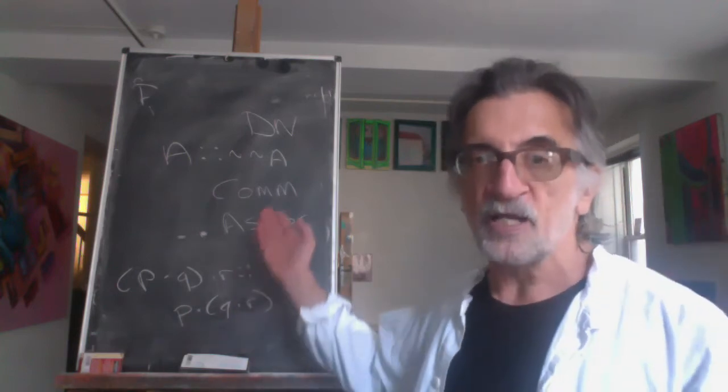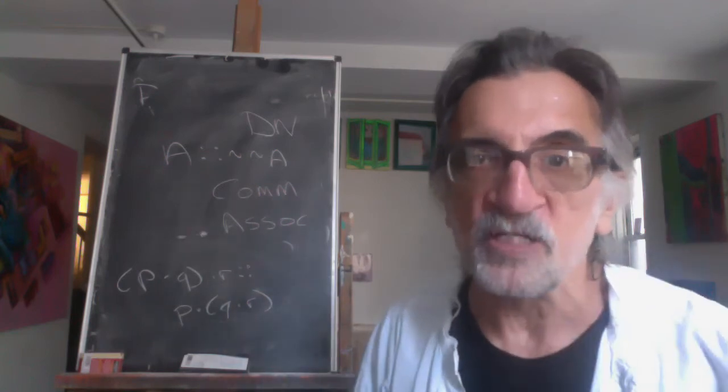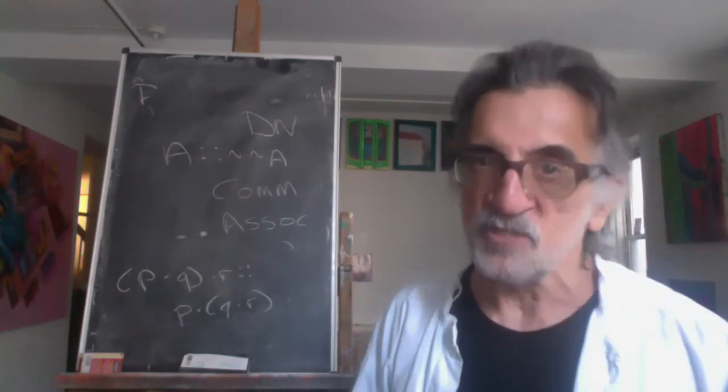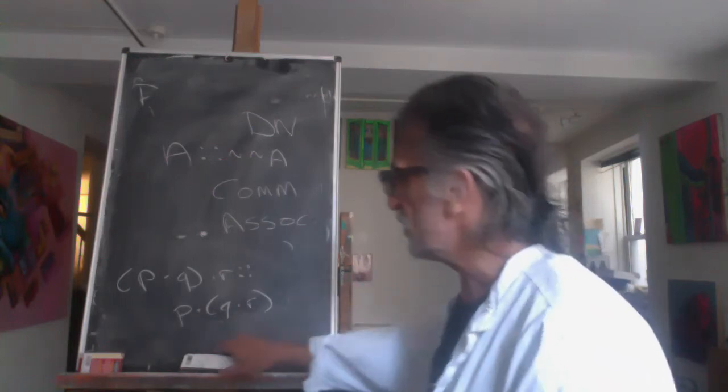Distribution, unlike the associative and commutative rules, distribution is not obvious. Distribution is not trivial. Distribution, some people find hard to remember, none of which you would say about this, okay?